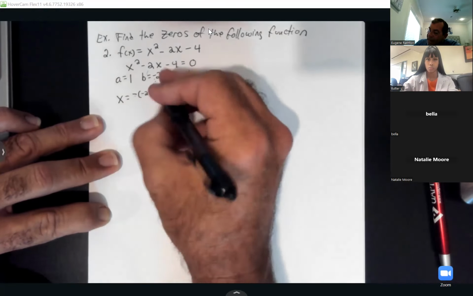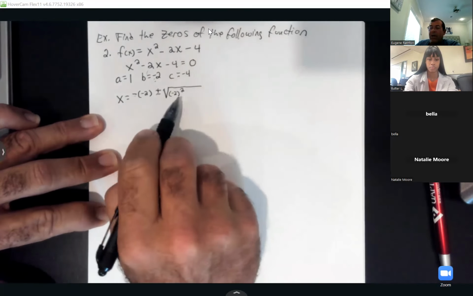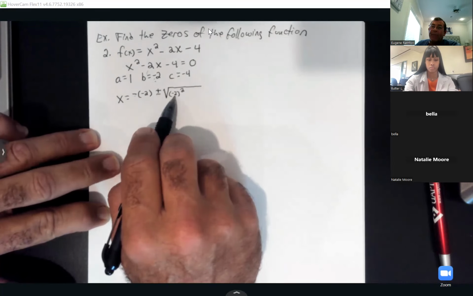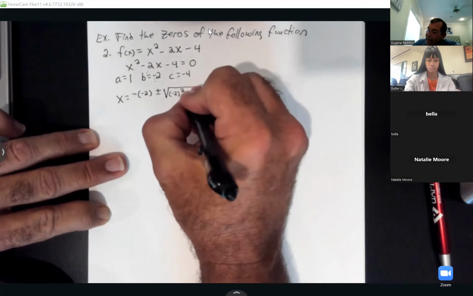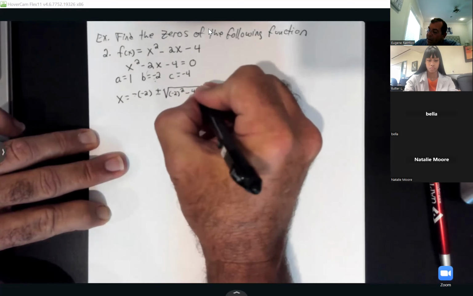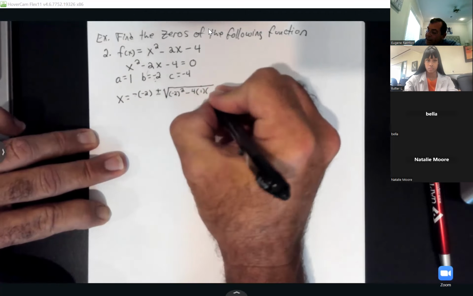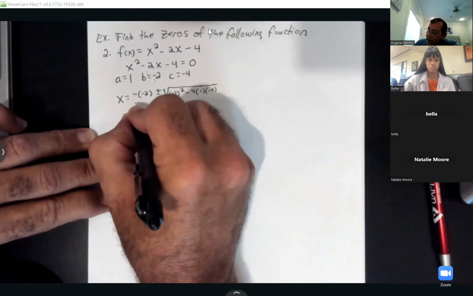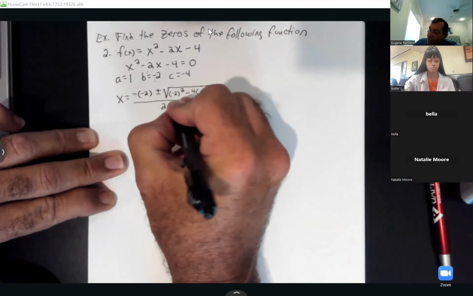B squared is a -2 squared. I always put my negatives in parentheses because remember, a negative times a negative will be a positive. So B squared minus 4 times A, which is 1, and C, which is -4. All that over 2 times A, which is 1.